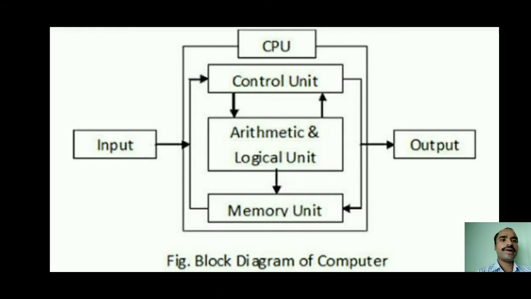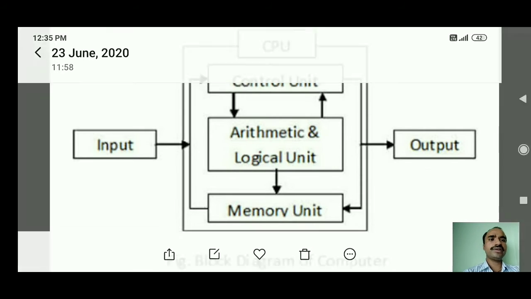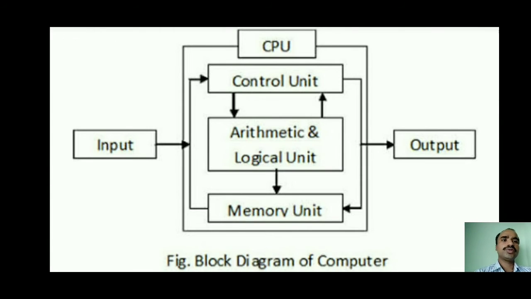The CPU is made up of three parts. The first is the control unit, next is the arithmetic and logical unit, and the third is the memory unit. All these parts are interconnected and combined in a single unit, which is the CPU. The control unit controls all processes of the CPU. The arithmetic and logical unit performs arithmetic and logical operations, and for these processes memory units are required, which are used for storage.